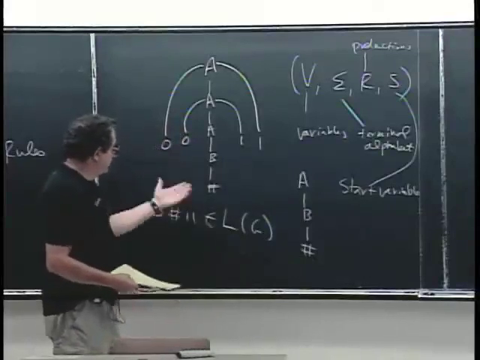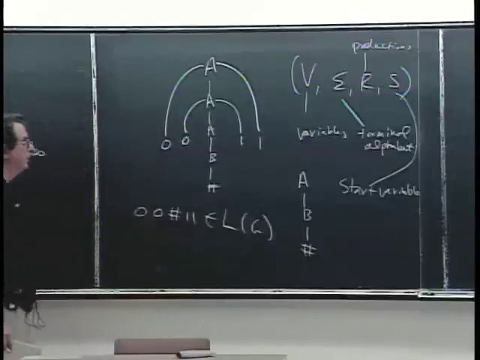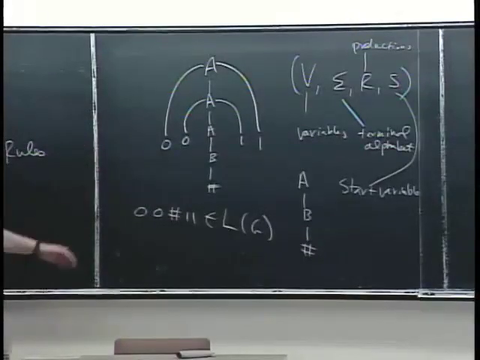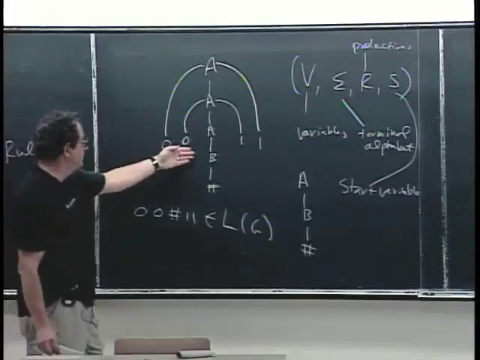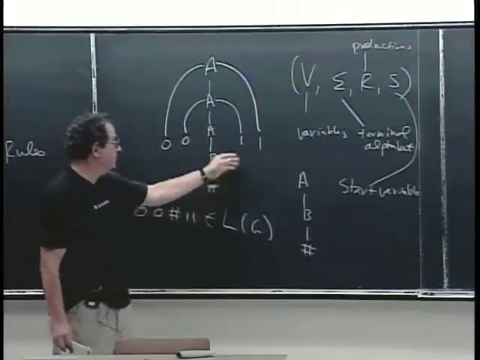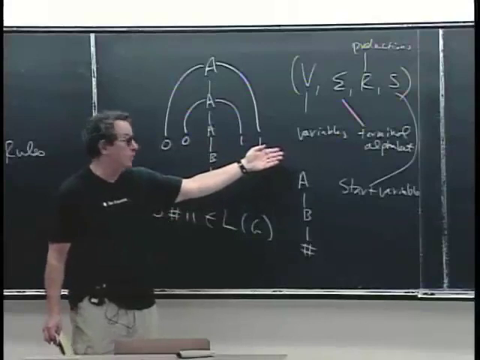And then we can just look at this and see, well, what really is the language that's generated by this grammar? It's the set of all strings consisting of some number of zeros, followed by a hash, followed by the same number of ones.